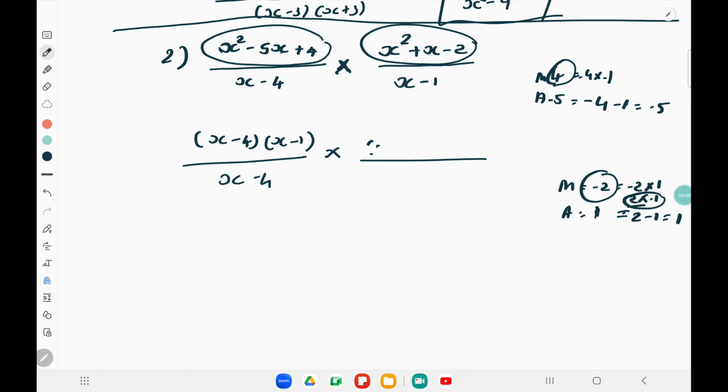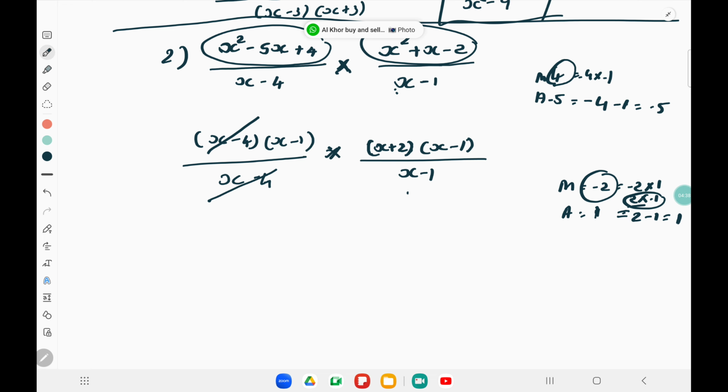So x plus 2. I am doing direct factorization here. If you are not sure about quadratic factorization, you can see my previous video about it. I will add the link in the description. And here x minus 1, which I copy here.